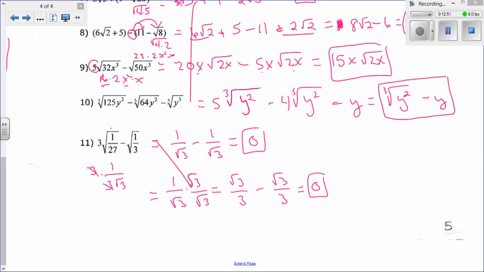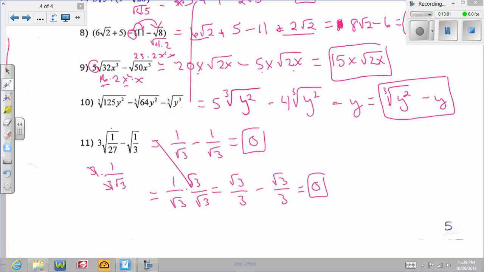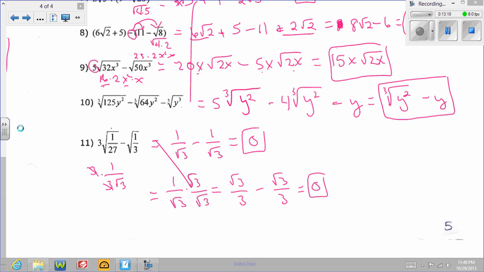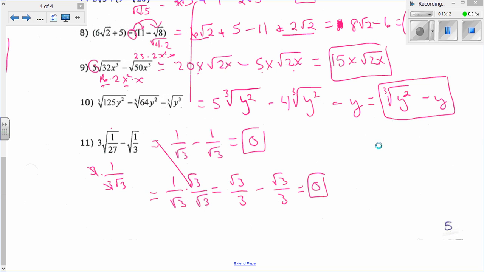Something we need to address is the fact that when you take a square root of something that has a power that happens to be a perfect square, change colors here. So if I'm taking the square root, oh, it didn't change for me. Oh well.